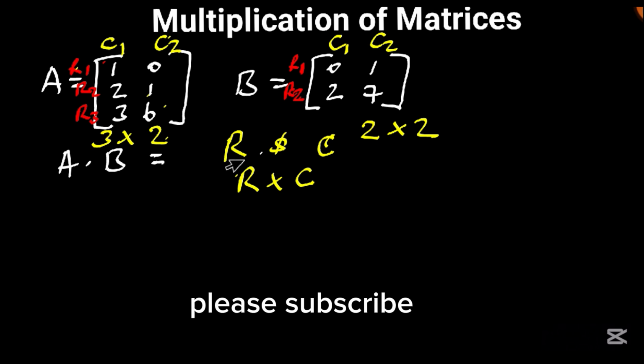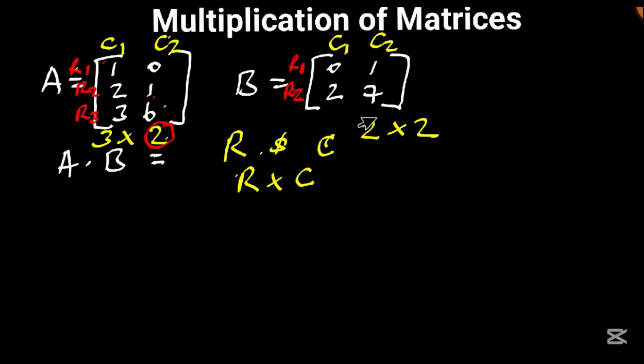Another thing is, how do we know that we can multiply these two matrices? For you to multiply two matrices, the number of columns of the first matrix must equal the number of rows of the second matrix.